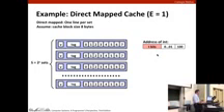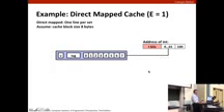So the cache extracts the set index, which is 1, and uses that as the index into the array of sets. And then it just ignores all the other sets. If the block we're looking for is in the cache, it's going to be in set number 1.